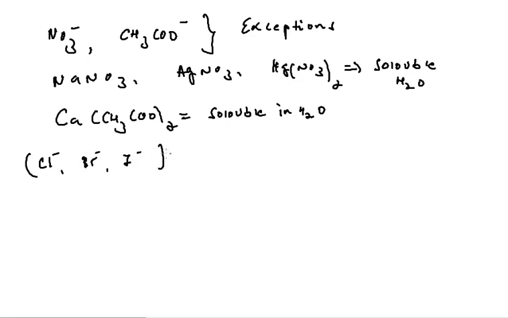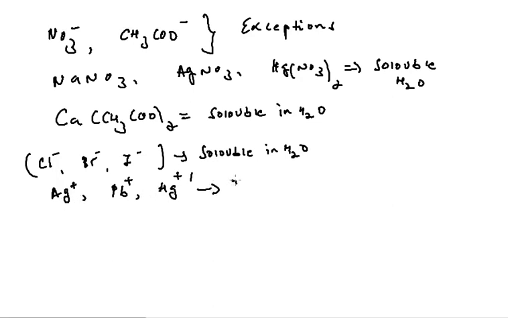There are also halogen groups like chlorine, bromine, iodine. Most of these halogen compounds are soluble in water, except if they are mixed with silver, lead or mercury. If these ions are mixed with any of the three heavy metals, they become insoluble.